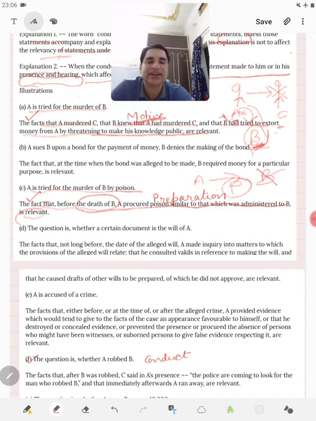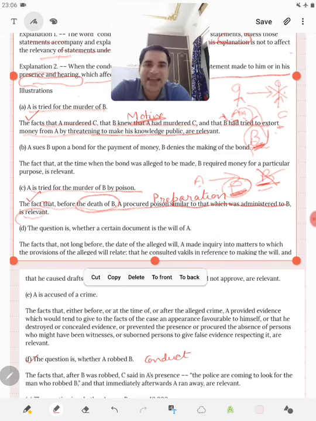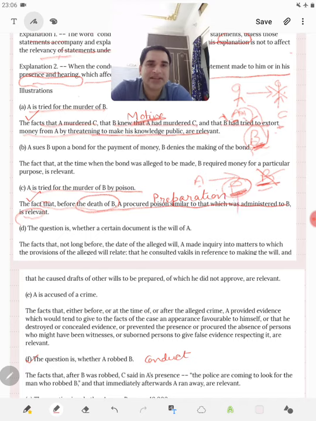So the thing is that before the death of B, A had purchased the poison, and the poison which A had purchased was the same or was producing the same symptoms from which B suffered before his death. So that will provide a type of preparation.